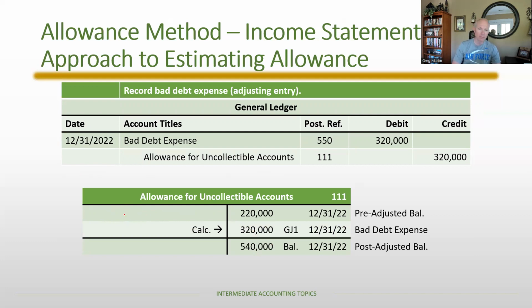In this case, where we had underestimated in the prior period, using this method really would have overstated our allowance. So it's unlikely they could have used the income statement approach if they had only had $30,000 of write-offs. If they had 320,000 more in write-offs, then maybe this would be an acceptable method. Again, much easier, but much less commonly used.